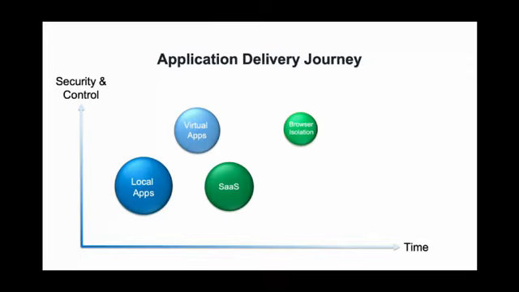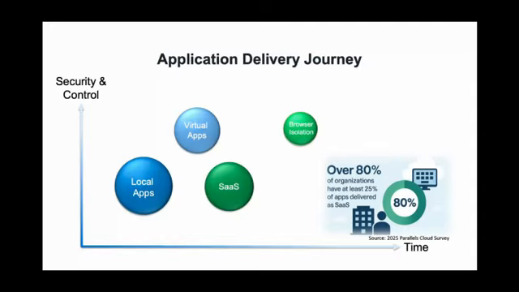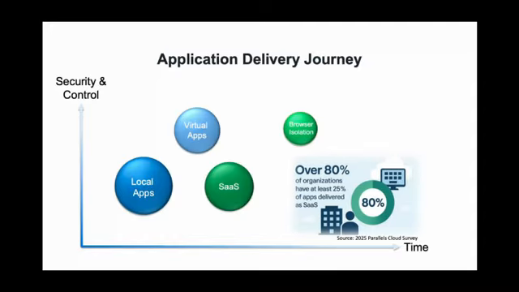So if someone were to remove that device, there's no data on that device at all. There's nothing resident inside those browser tabs apart from a link securely into that browser isolation service. So that is kind of the principle. And as I say, one of these blobs is not disappearing to be replaced by one of the other blobs. In general, most organizations are dealing with all of these blobs, right?